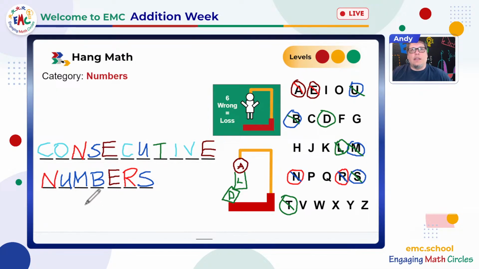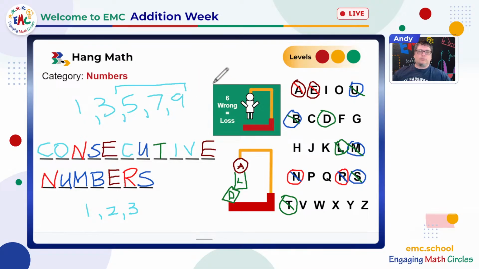So if you say consecutive numbers, we mean 1, 2, 3. If you say consecutive odd numbers, you mean 1, 3, 5, 7, 9. These are consecutive. They're just in a row. Any chunk of them that's in a row. Okay, awesome job, team.